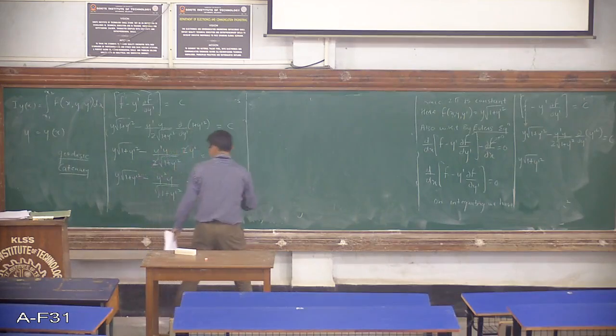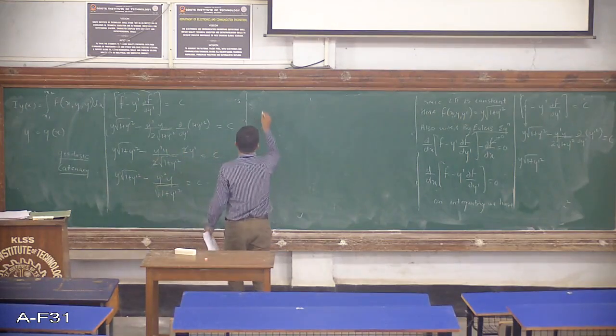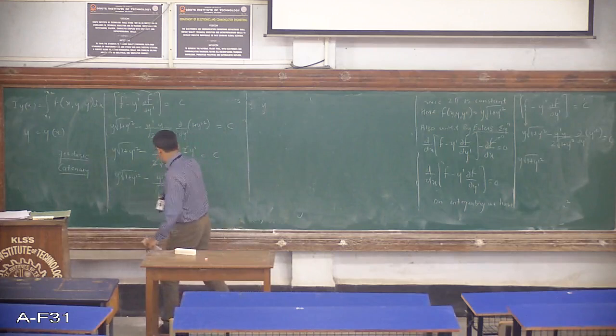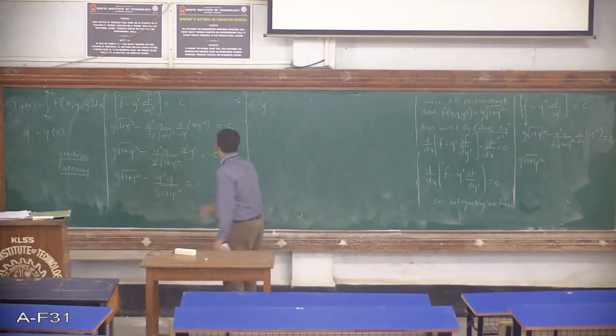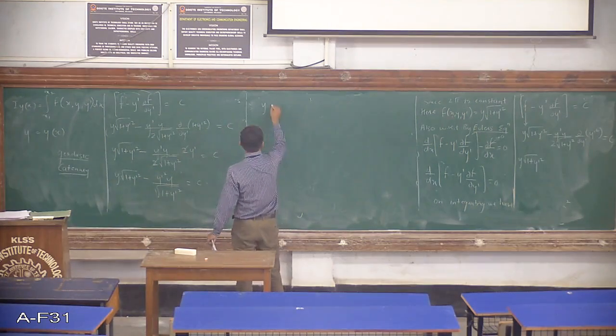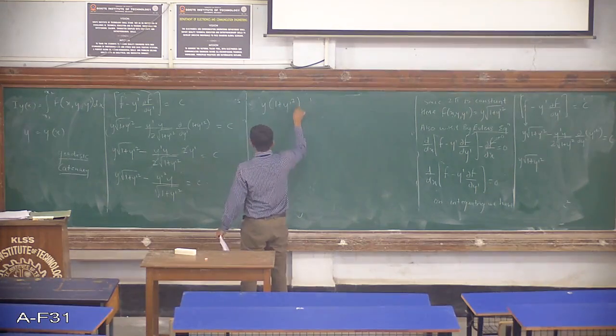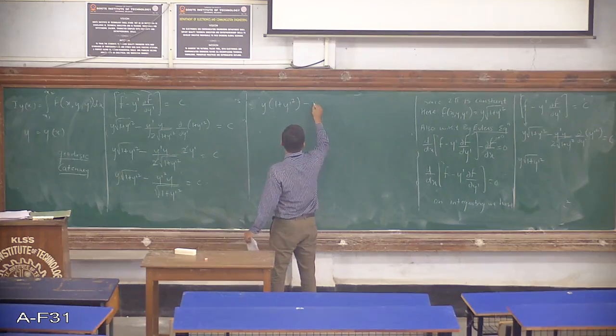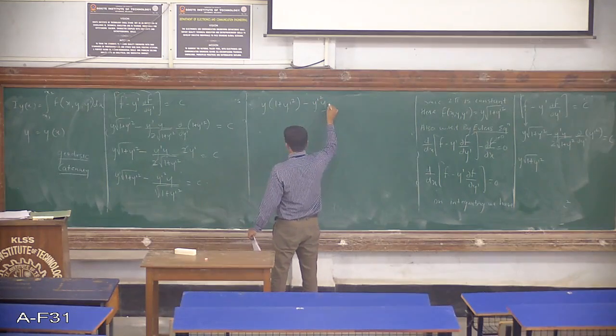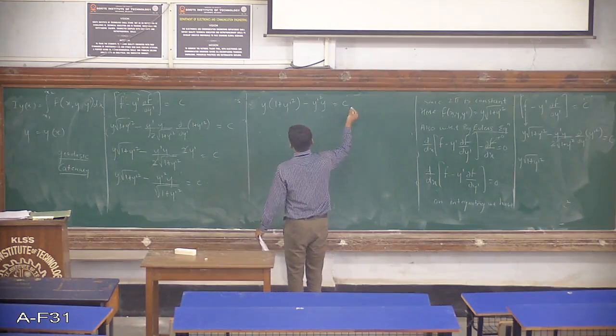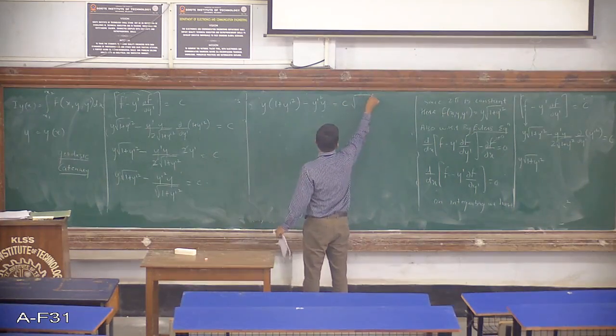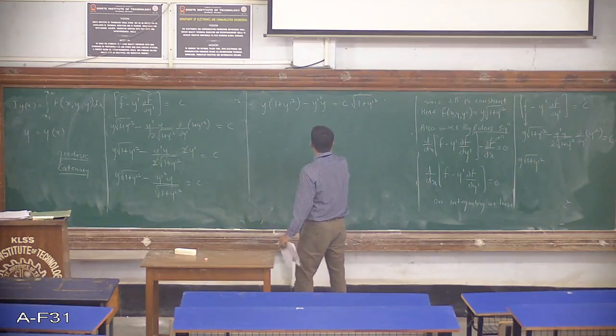So here what I do is I will multiply this. Here it becomes a y, and this square root. This turns out to be 1 plus y1 prime square minus y1 square y prime square, which is equal to c into the square root of 1 plus y prime square.